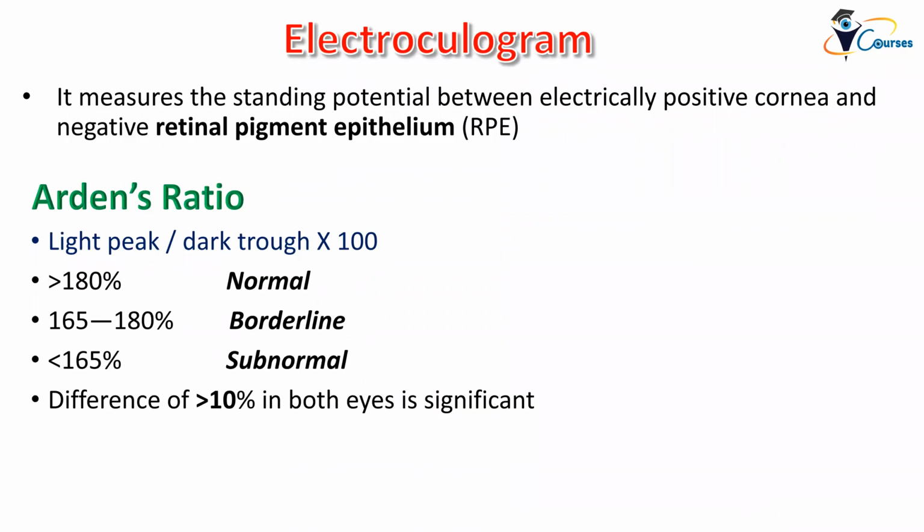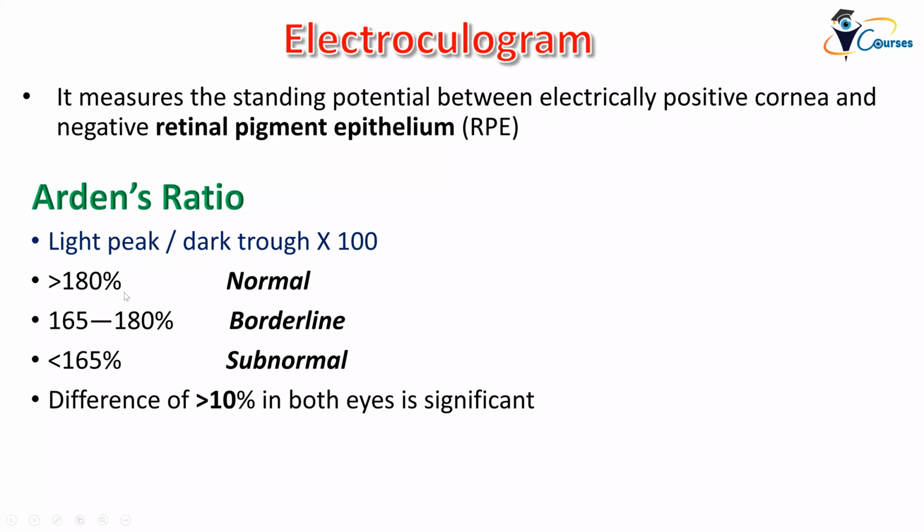So we are measuring the difference in electrical potential between the cornea and the retinal pigment epithelium in the light and then in the dark. We get the highest response from the light, and the lowest response in the dark, and then multiply by 100%. This results in a ratio called Arden's ratio. So the Arden's ratio will be the light peak divided by the dark trough multiplied by 100.